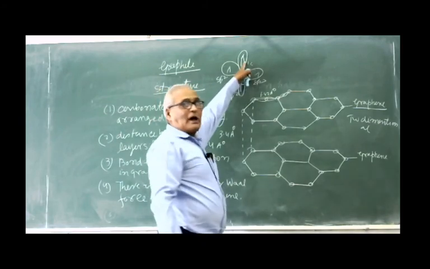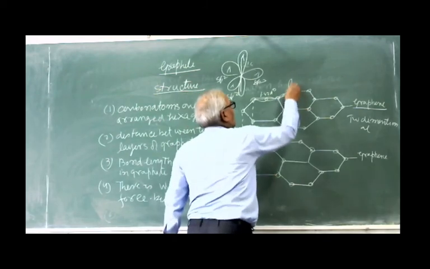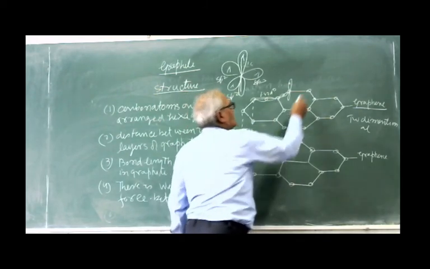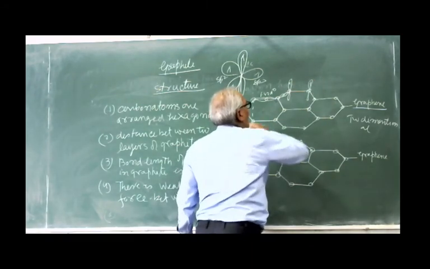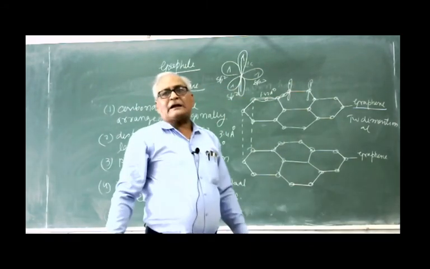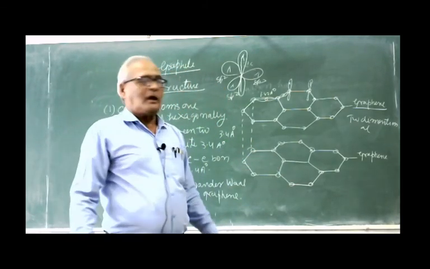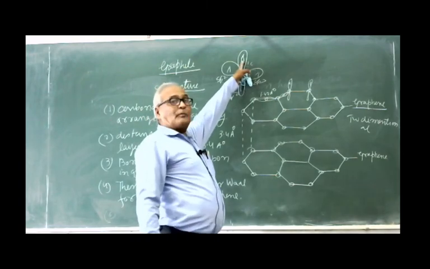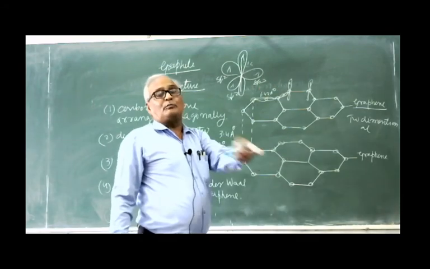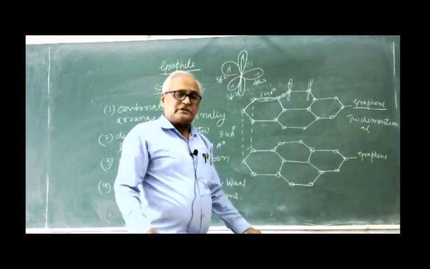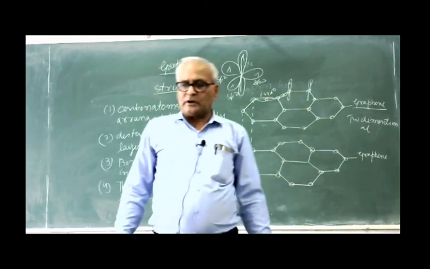It is pure, having unpaired electron. So like this, one electron. Here, like this, one electron. So in this way, there is an electron cloud which can move throughout the graphene. So it is not bonded electron, it is the free electron, and therefore it can move very easily. And this is why graphite behaves as a good conductor.